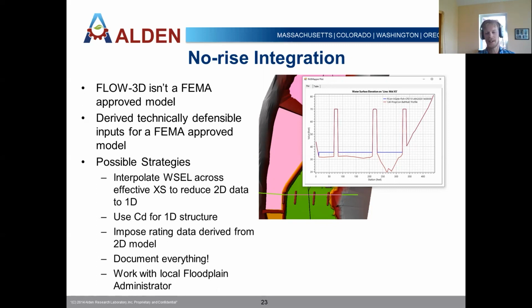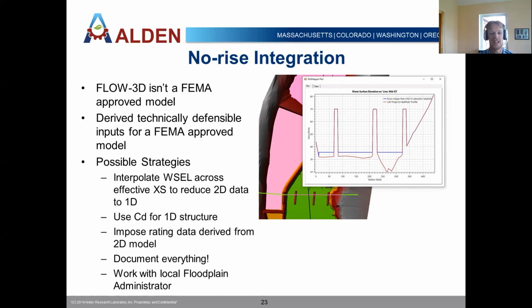So now comes the question of how you deal with your 2D data. For disclaimer, this isn't well established, and it's really a matter of trying to come up with something that's both technically defensible and works well with your local floodplain administrator.